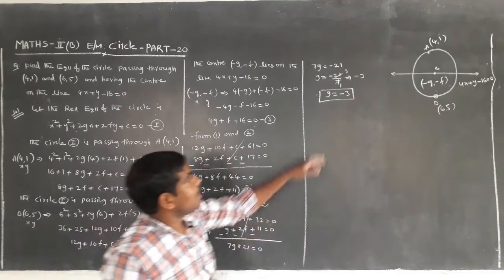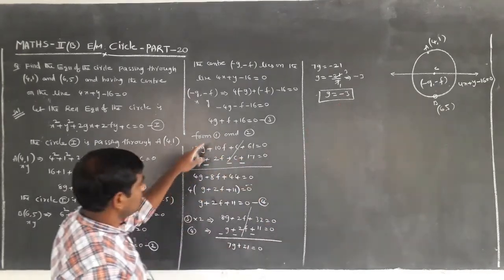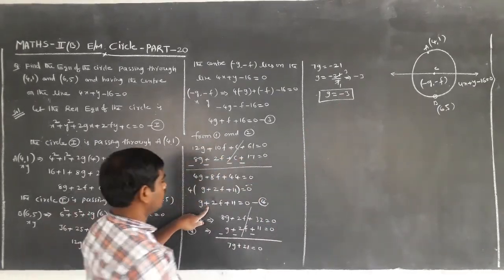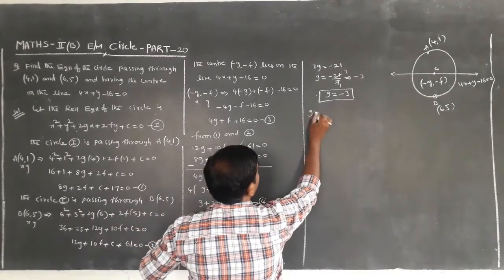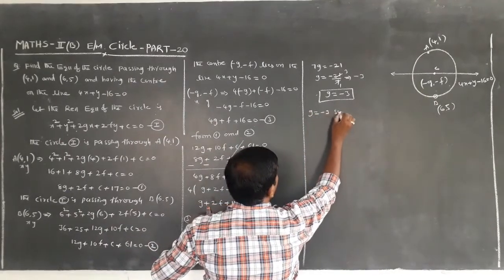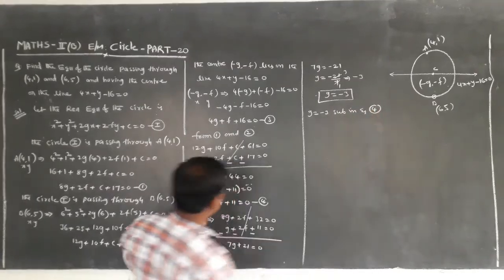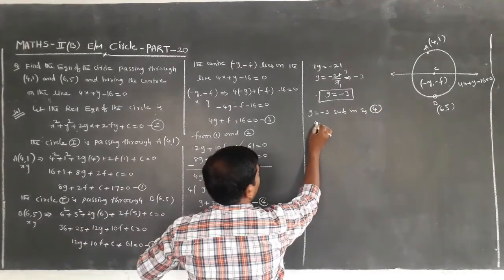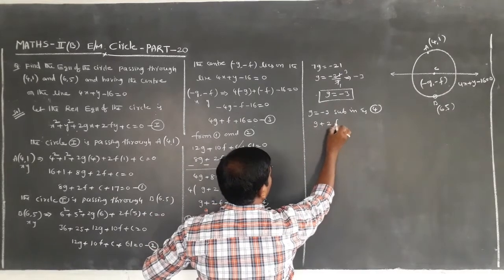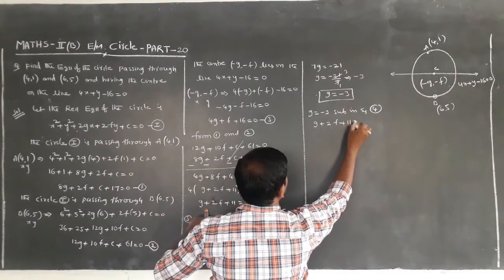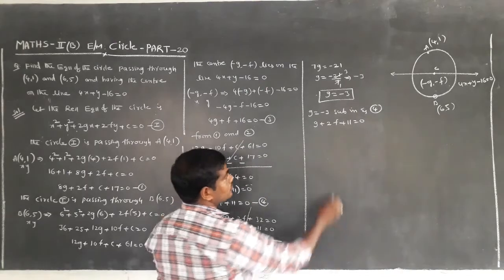Again, substitute the g value, g is equal to minus 3, in equation number 4. Equation number 4 is g plus 2f plus 11 is equal to 0.